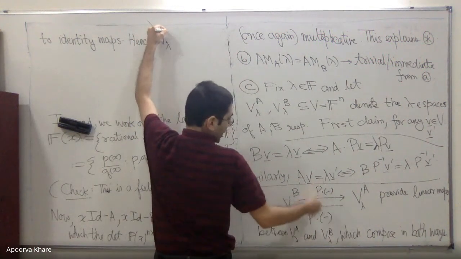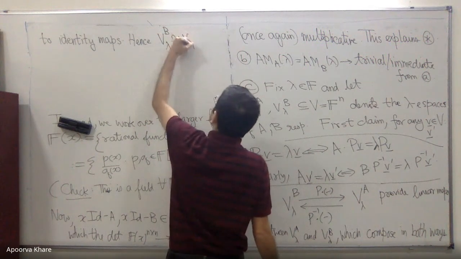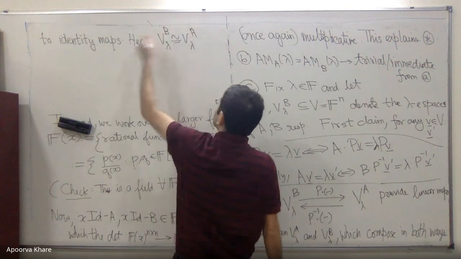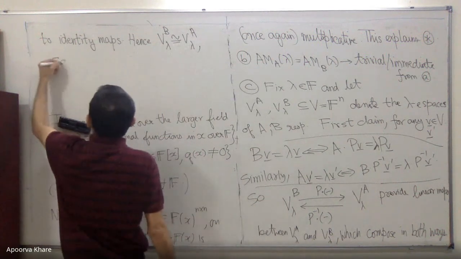I mean, so these maps are actual isomorphisms, not just maps. These things are isomorphic in the category of vector spaces, which means these maps are linear isomorphisms, so the dimensions are the same.